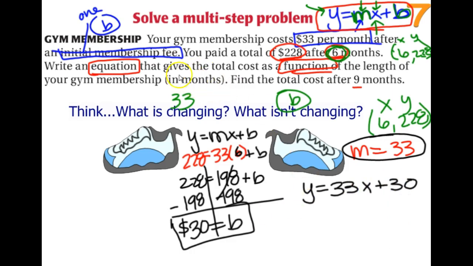So now we answered the question, write an equation, but now it says find the total cost after 9 months. Our number of months is what we plug in for x because it's $33 per month.